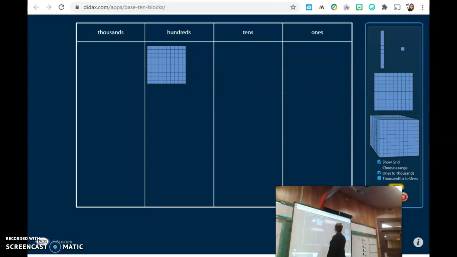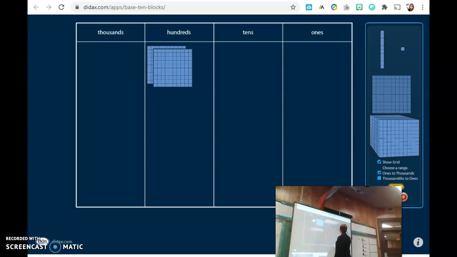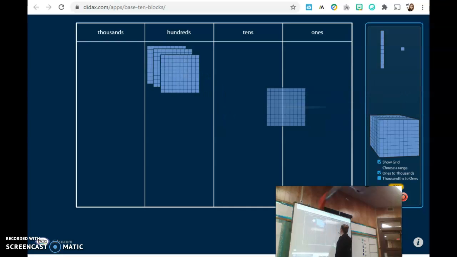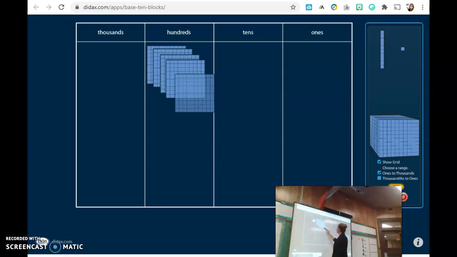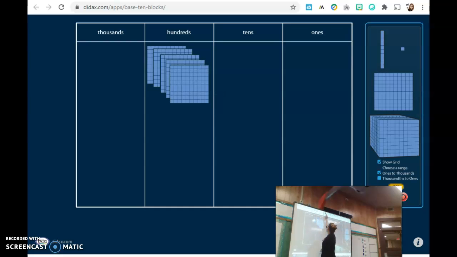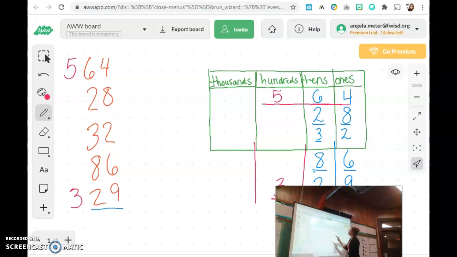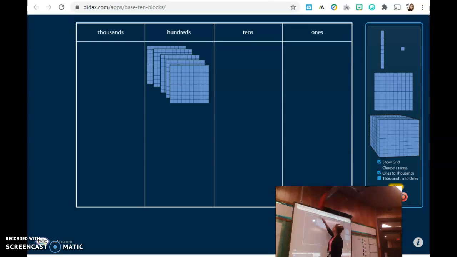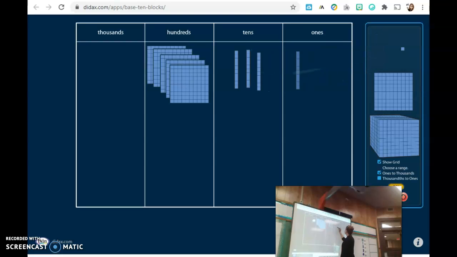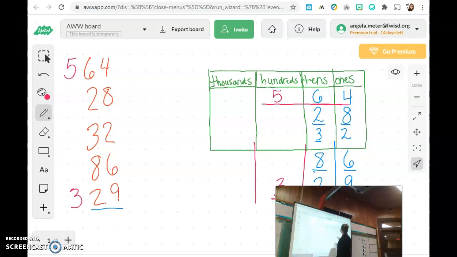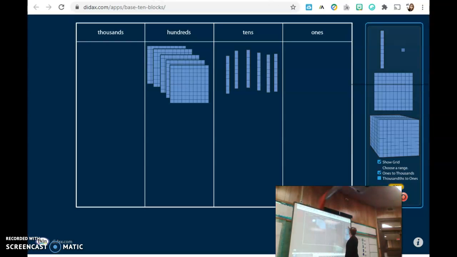So 1, 2, 3, 4, 5. I need 6 of my tens, my rods. 1, 2, 3, 4, 5, 6. And then I need 4 of my ones, my units.